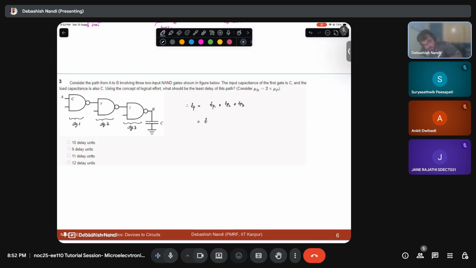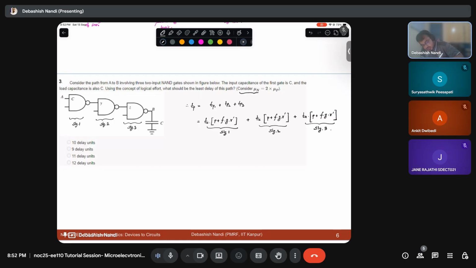That is Tu times (P plus F times G times gamma dash) for the first stage, plus Tu times (P plus F times G times gamma dash) for the second stage, plus Tu times (P plus F times G times gamma dash) for the third stage.